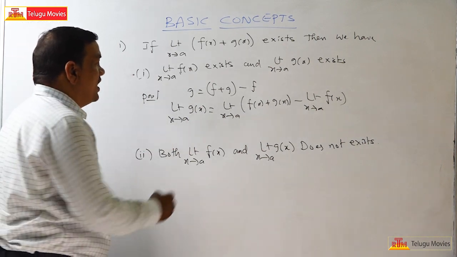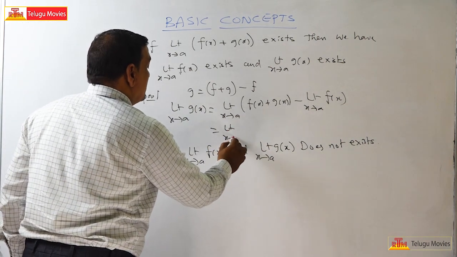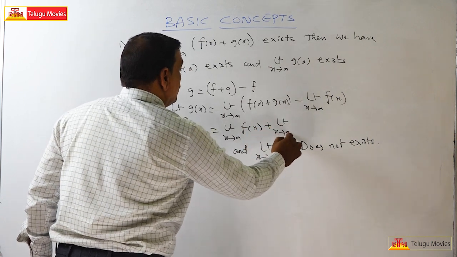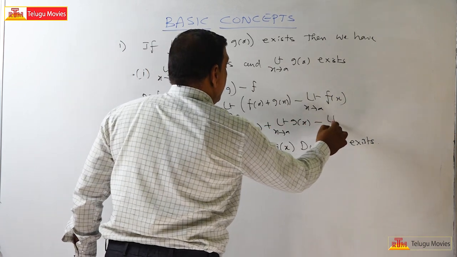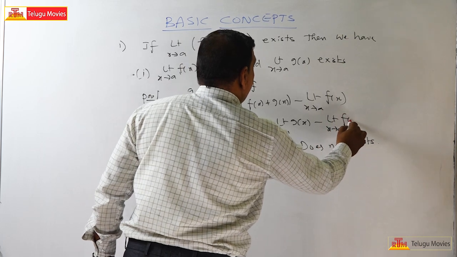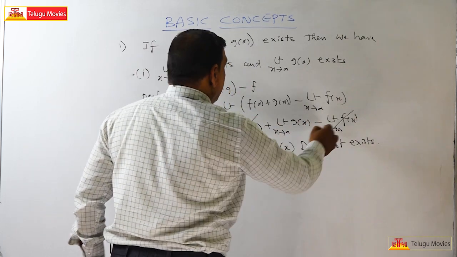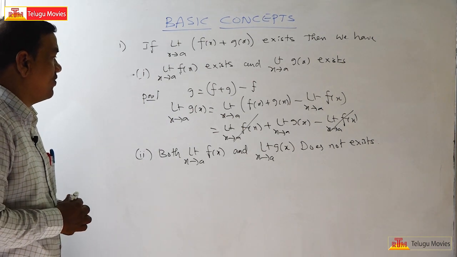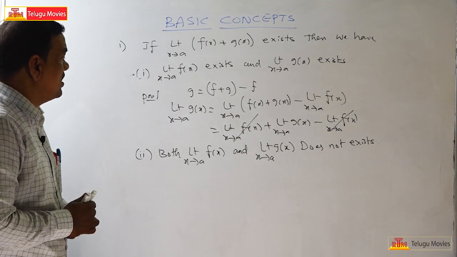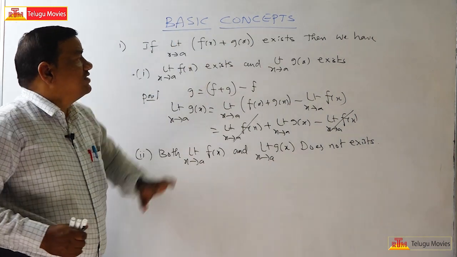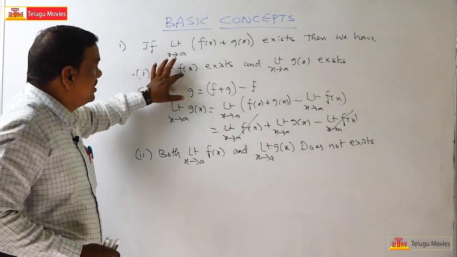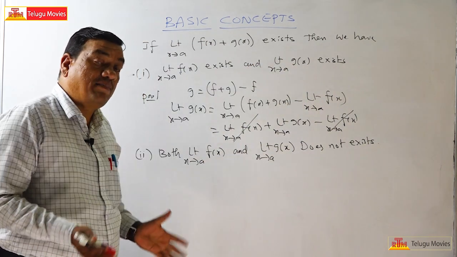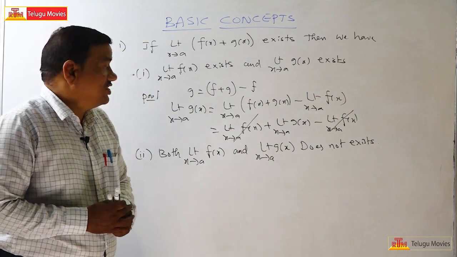This means limit x tends to a of f(x) plus limit x tends to a of g(x) minus limit x tends to a of f(x). So both will get cancelled. We got limit x tends to a of g(x) is equal to limit x tends to a of g(x). So from this, if f(x) plus g(x) exists, then limit x tends to a of f(x) exists and limit x tends to a of g(x) exists. Both separately exist. Understand this?